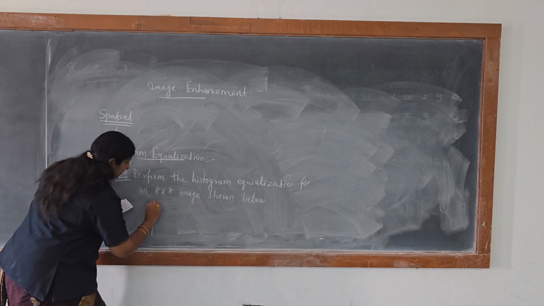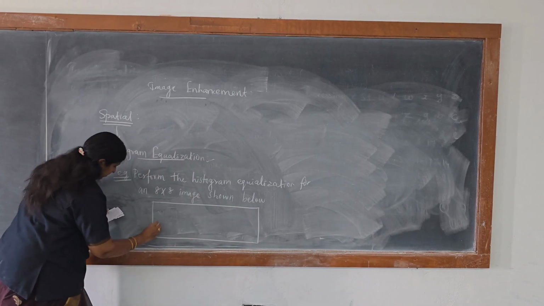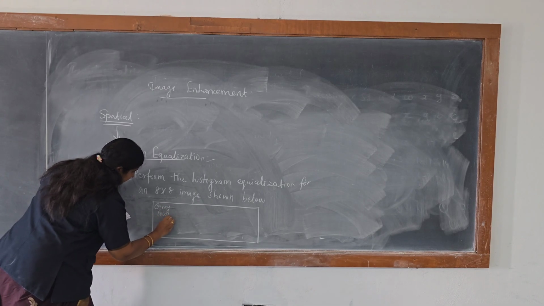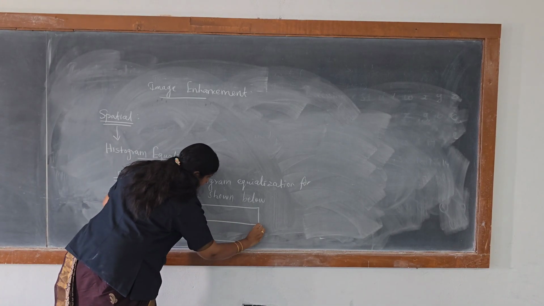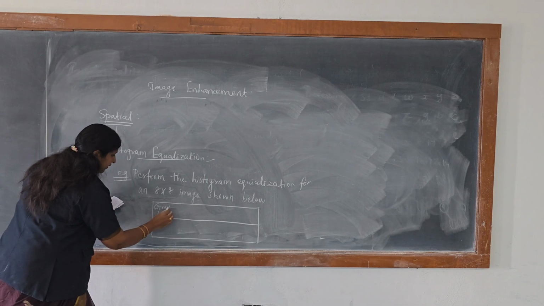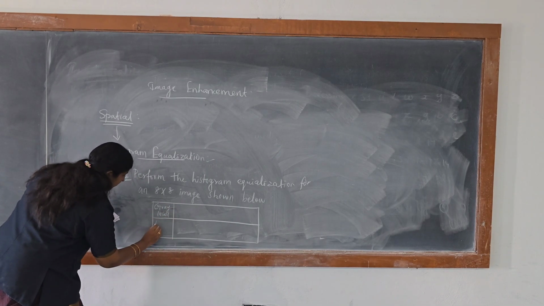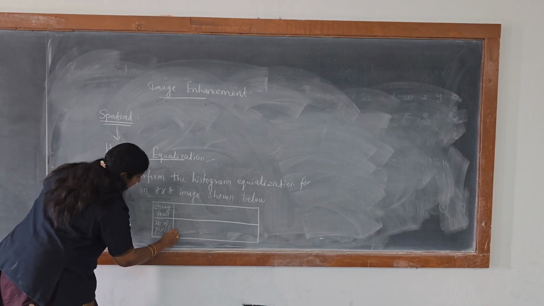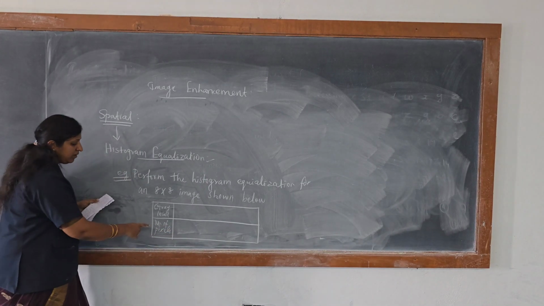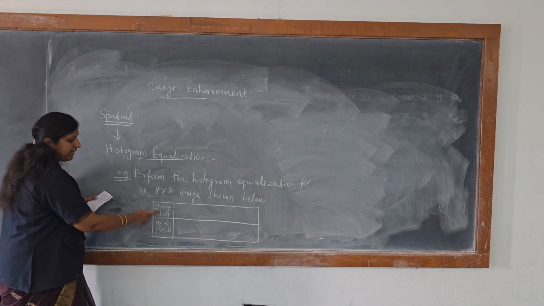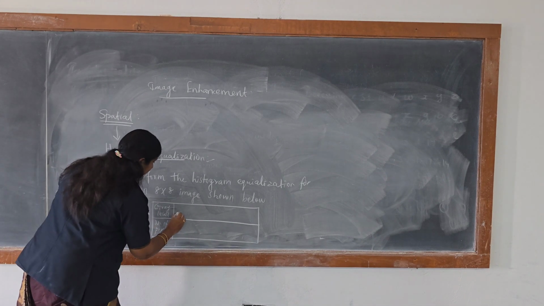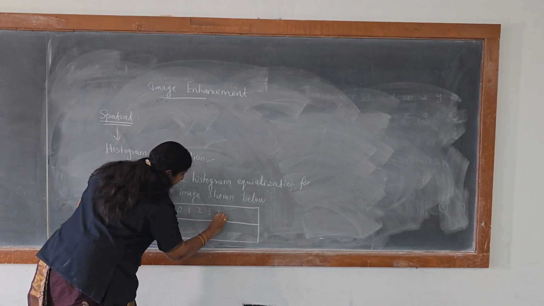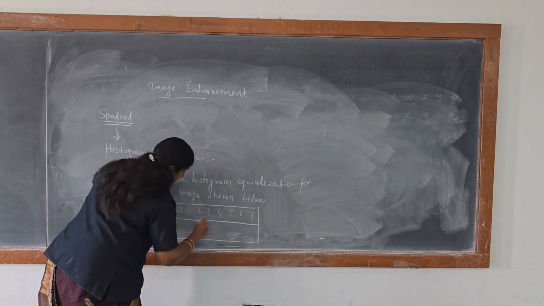The data given is in the table: gray level, that is the intensity value of each pixel, and number of pixels. The number of pixels is the number of occurrences of this gray level value in an image. The given values are 0, 1, 2, 3, 4, 5, 6 and 7.